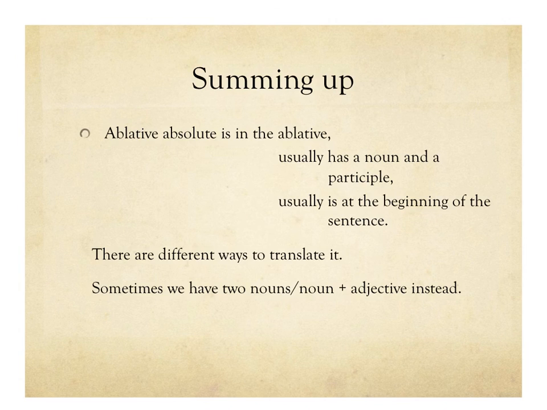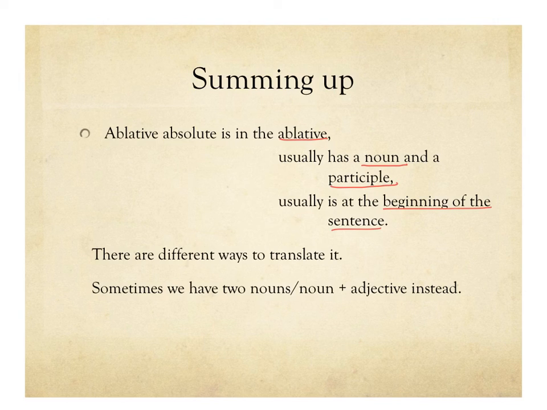So, summing up, the ablative absolute is a construction that appears always in the ablative. It usually has a noun in the ablative and then a participle also in the ablative that agrees with it. It is usually at the beginning of the sentence, and we can often tell because we've got this ablative, and then it's set off by a comma.